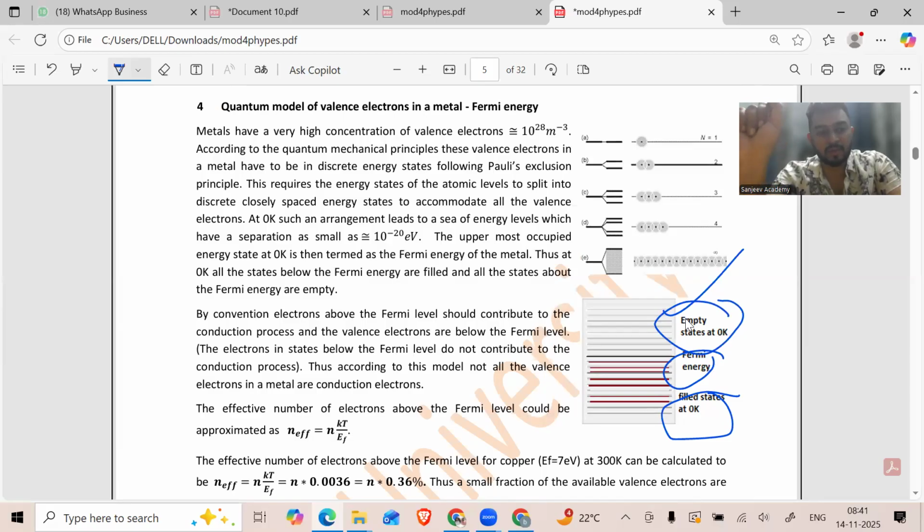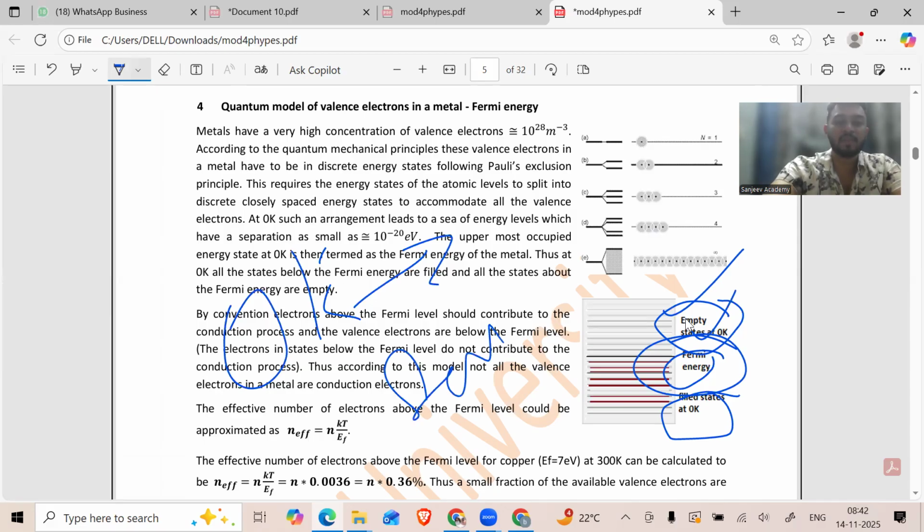So I'll tell you what is what. All the states, meaning energy levels, above the Fermi level at 0 Kelvin will be empty. At 0 Kelvin, all the energy levels up to the Fermi energy are full.